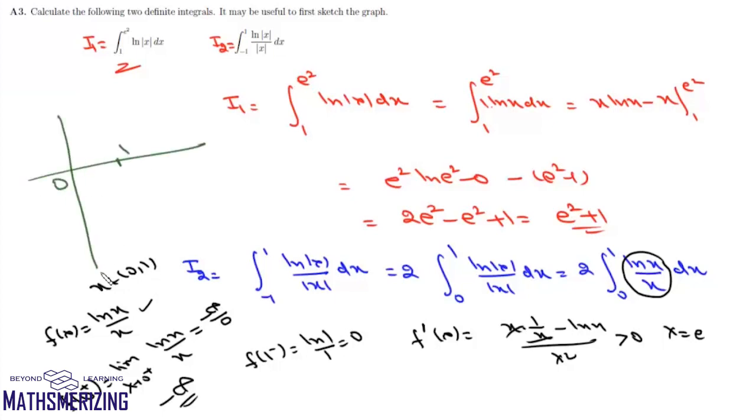It'll start from minus infinite and it'll go all the way up to 0. Now this definite integral I2 is nothing but 2 times this value with a negative sign. Now this is unbounded, and when this is unbounded, this value approaches minus infinite. So this second integral is not bounded and its value approaches minus infinite, and that is the answer to this question.